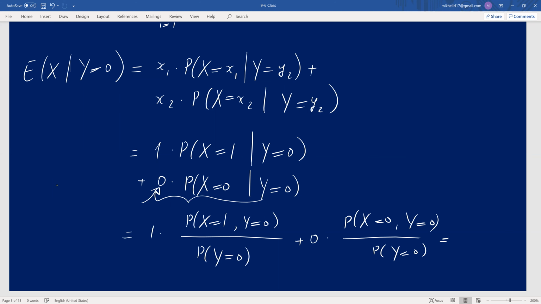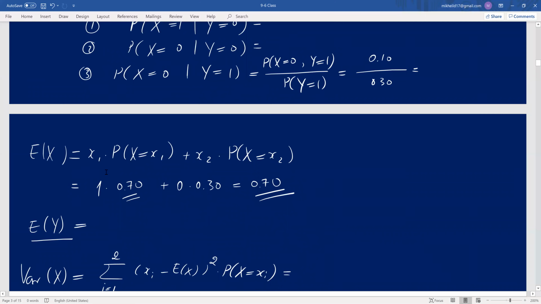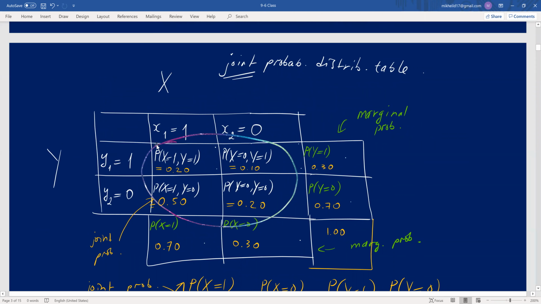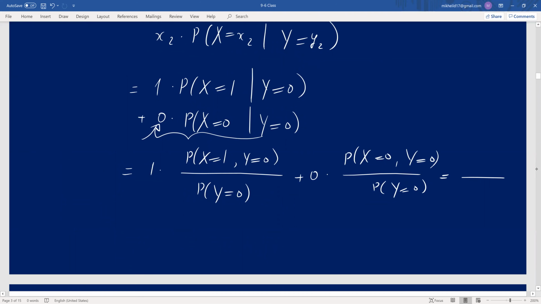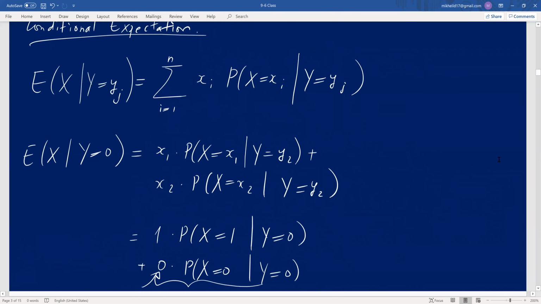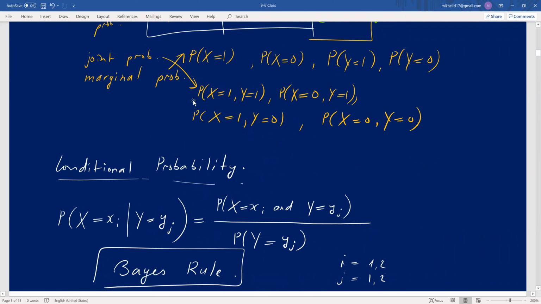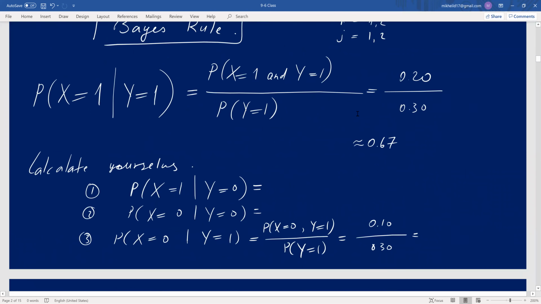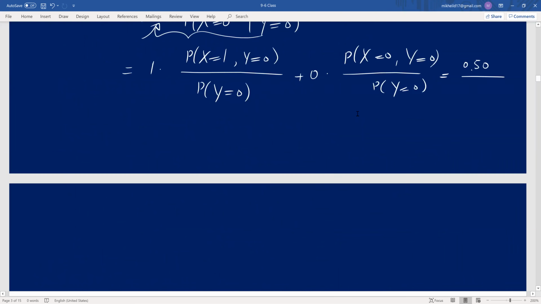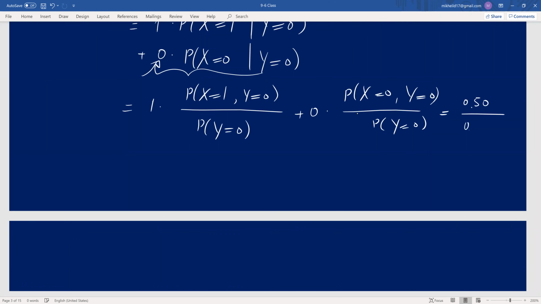And this will be the probability of x1 and y0, that's 0.50. So we will write here 0.50, and then you divide by the probability that y equals 0, which is 0.70, right? Whatever you get will be the answer.